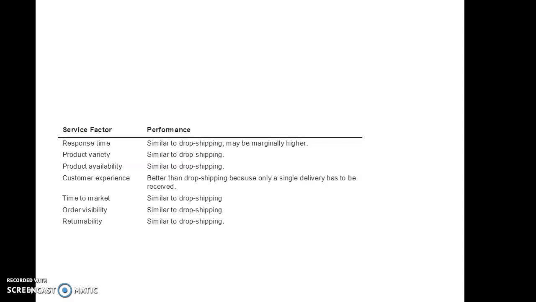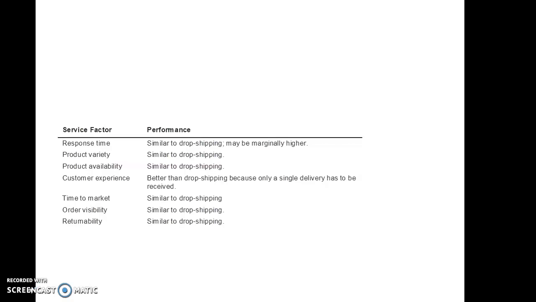Product variety is similar to drop shipping, that is, product variety is at a very high level because we are postponing the product customization to the manufacturer side. The third service factor is product availability. Product availability is also very high in the case of this in-transit merge method because the total inventory is available with the manufacturers, so we can make the product available very easily.